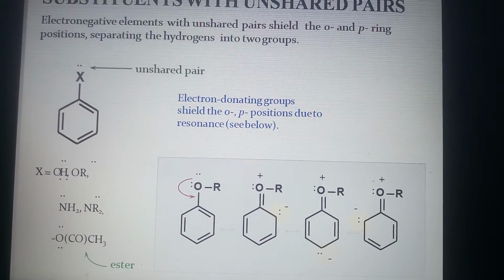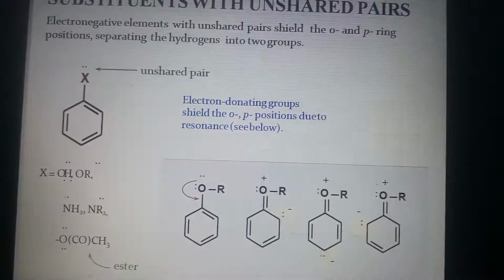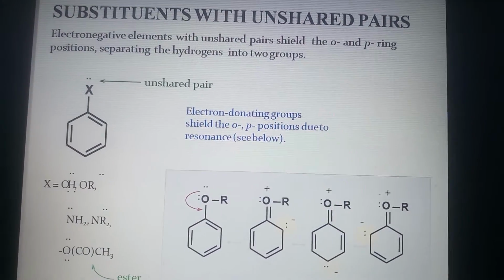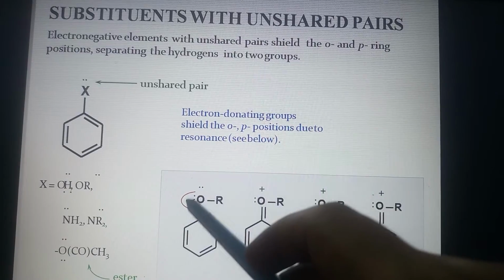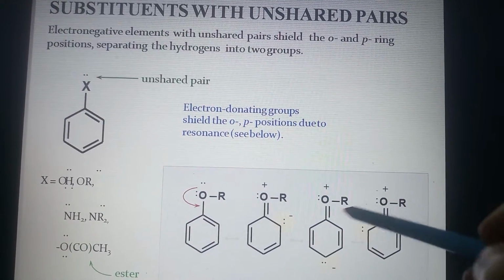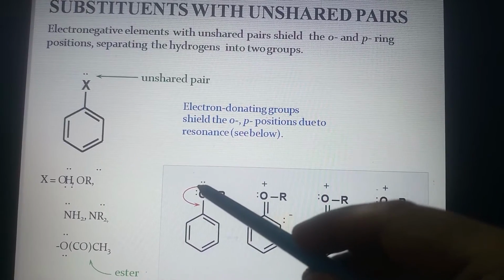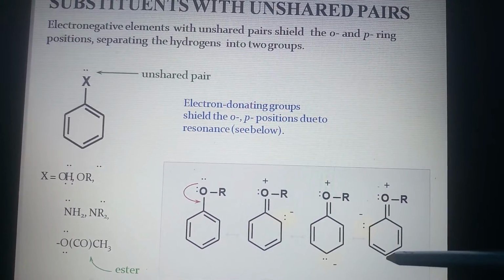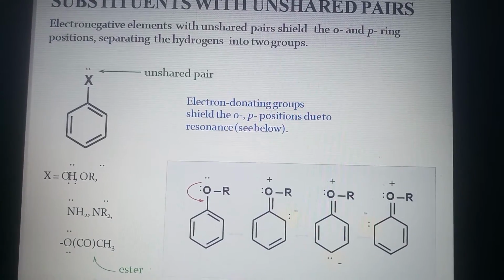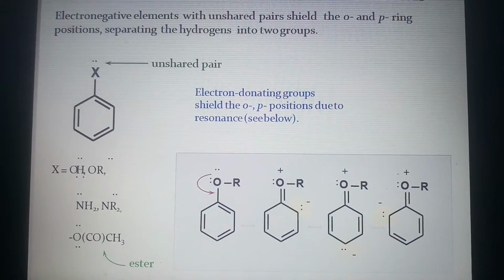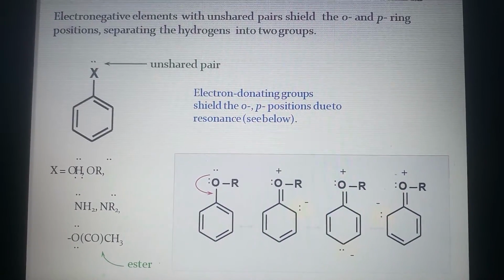For example, if X is OH or OR, NH2 or NR2, or ester, you can see these unshared pairs are involved in delocalization of the negative charge over the ortho and para positions. So electron donating groups shield the ortho and para positions due to resonance.